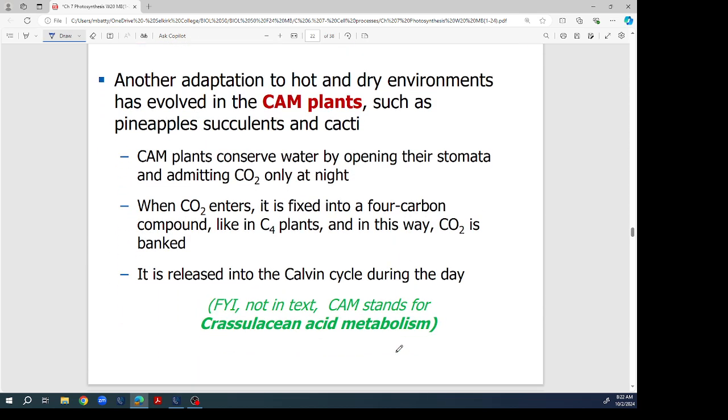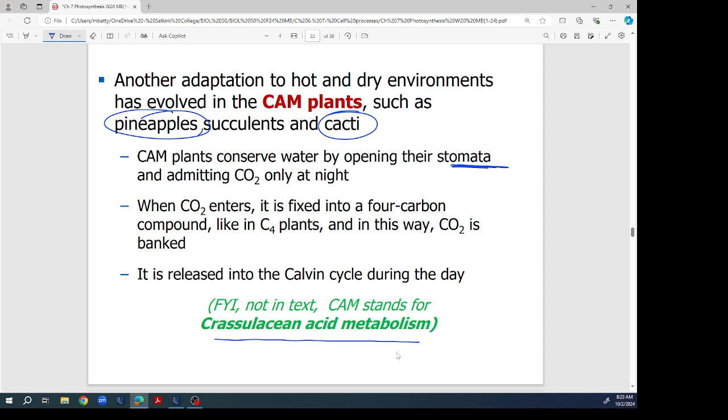The last adaptation is CAM plants. CAM stands for another acronym. I'm not even going to say it. So CAM plants are pineapples and cacti, succulents, those kinds of things. And again, with them, instead they'll open their stomata only at night. And so these are day-night things.